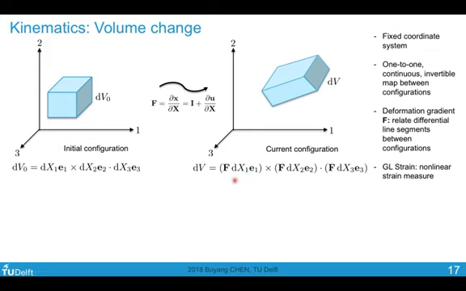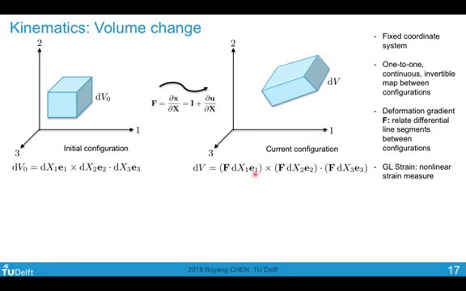With a bit of calculation, let's say we set the magnitudes of these vectors, dX1, dX2 and dX3, all equal to 1.